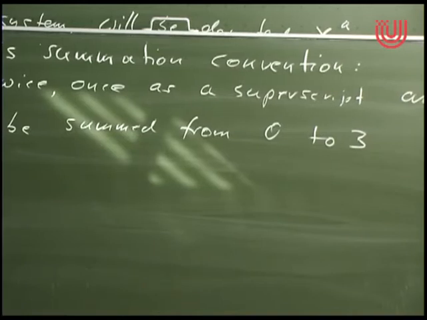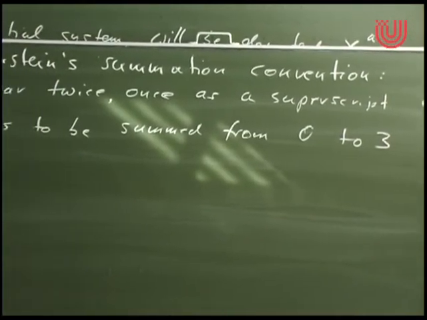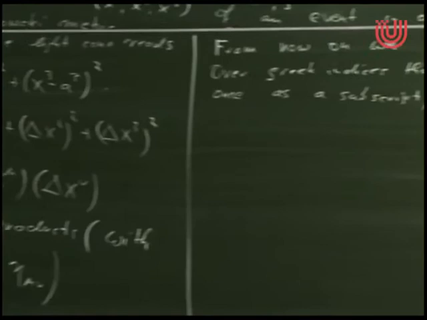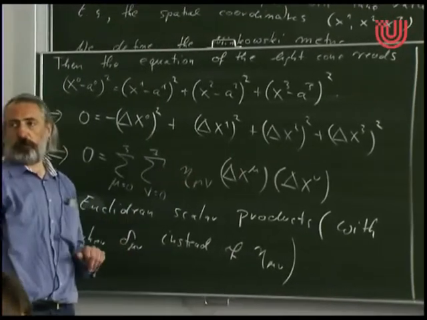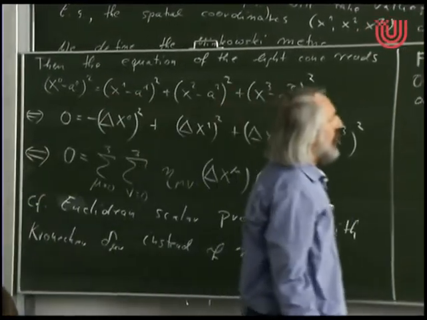So we write this formula from now on in the way that we just omit the summation signs. It's tacitly understood that there is a summation involved. And there's an analogous rule for Latin indices.